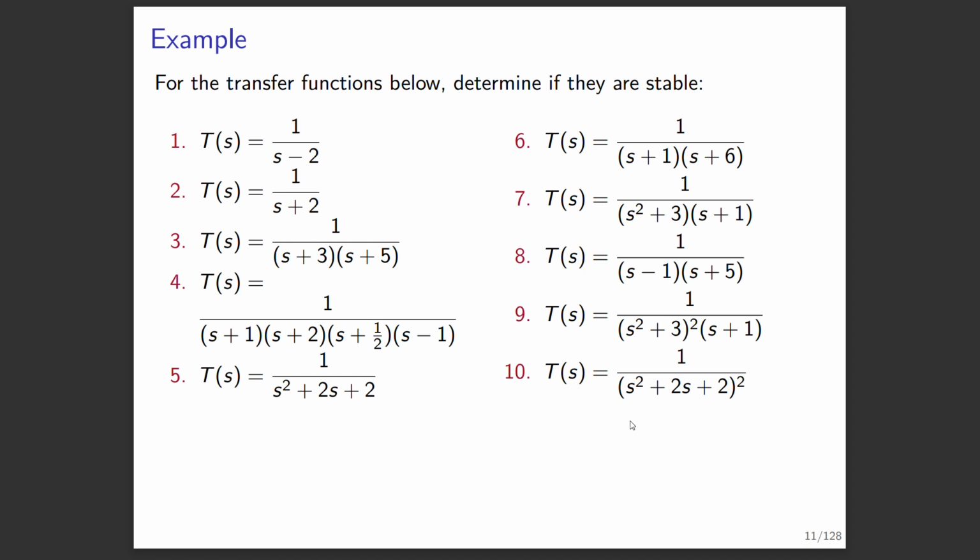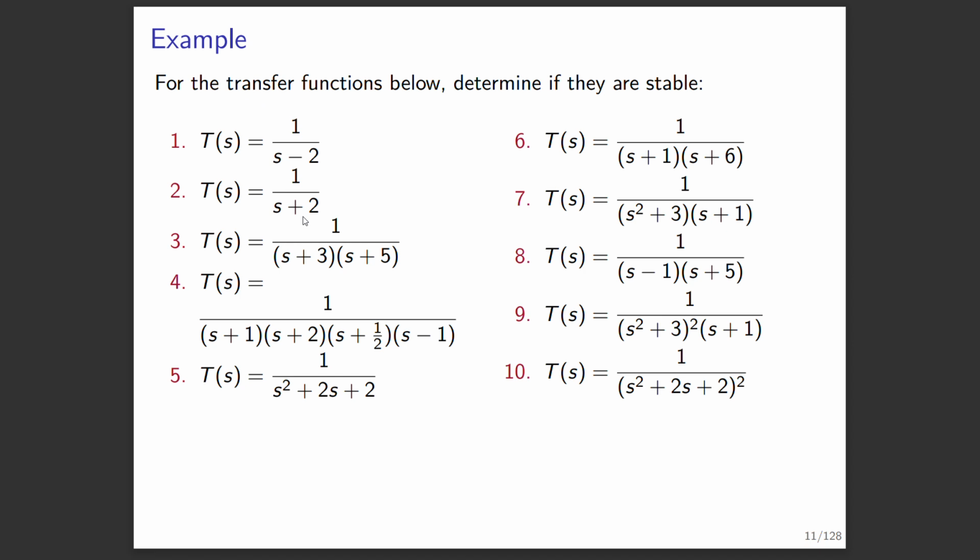All right, so system 1, there is one pole, and the value of it is s equals positive 2. That is unstable because the pole is on the right-hand side of the imaginary axis. System 2 has one pole, and the value of it is negative 2.